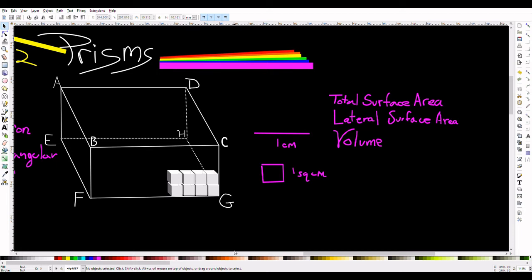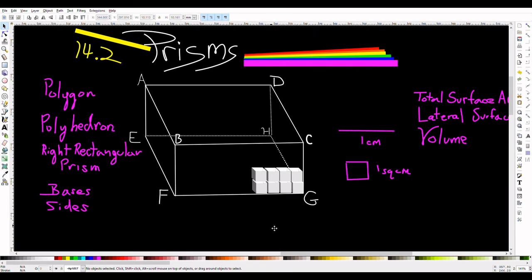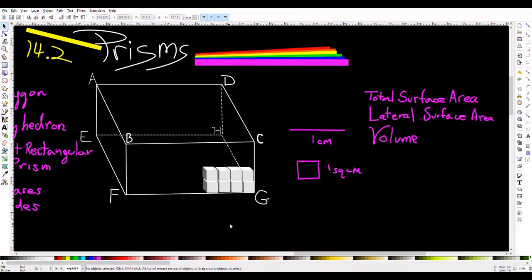Because 30 centimeters could fit into 30 cubic centimeters an infinite number of times, since a line does not take up any space along one of the axes. So make sure you memorize what each of these things are: a polygon, a polyhedron, a right rectangular prism, bases, sides, total surface area, lateral surface area, and volume. With that, let's go on to these example problems.